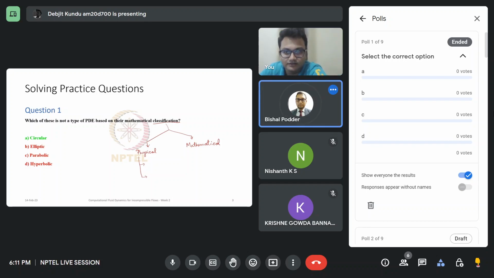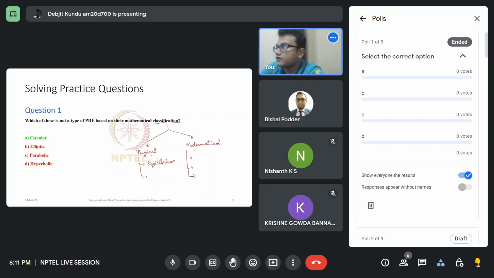Yes. In the physical classification, I think equilibrium problems are there and marching problems. Correct. In the mathematical classification, there are hyperbolic, parabolic, and elliptic types of PDEs. Absolutely correct.